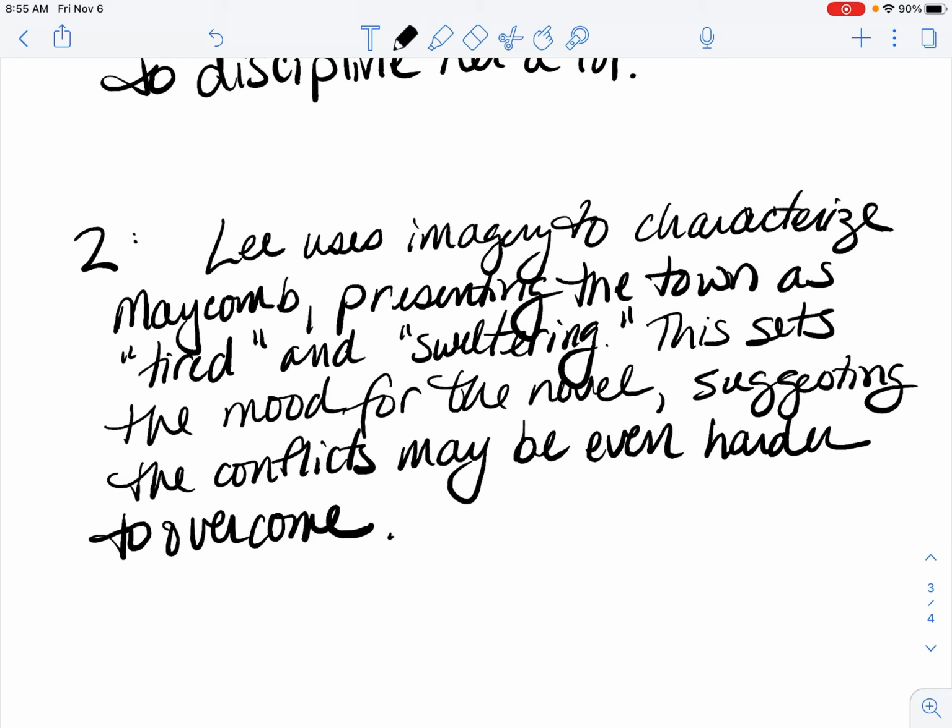So this sets the mood for the novel, suggesting the conflicts may be even harder to overcome. That's, in my opinion, how those things impact the meaning of the work. Okay, and I'm going to go on and use the alliteration.